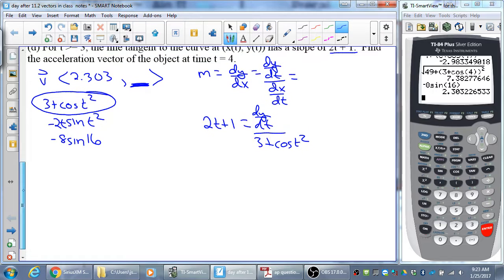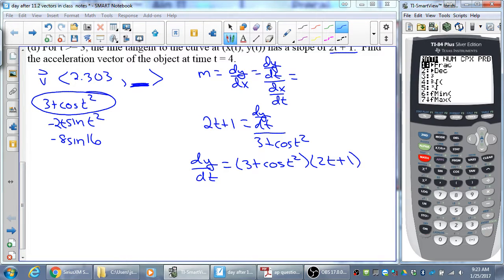Well, now just by multiplying, we know that dy/dt is equal to 3 plus cosine t squared times 2t plus 1. Now we need the derivative of that though, because that's the velocity, we need the acceleration. We're going to evaluate this when t is equal to 4. And we can have our calculator do that. We can just go to math.